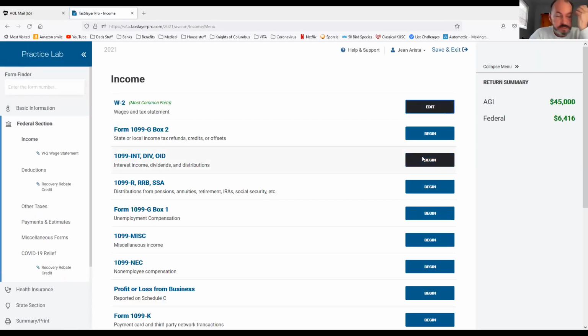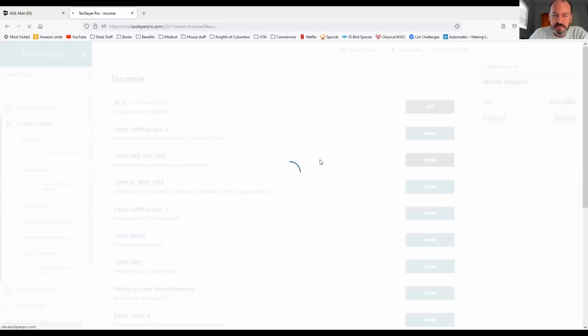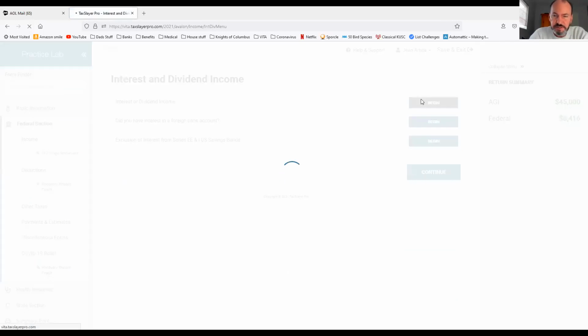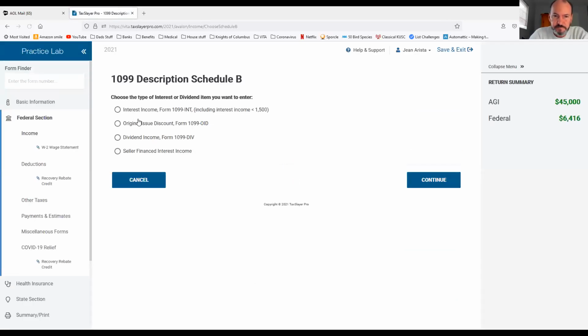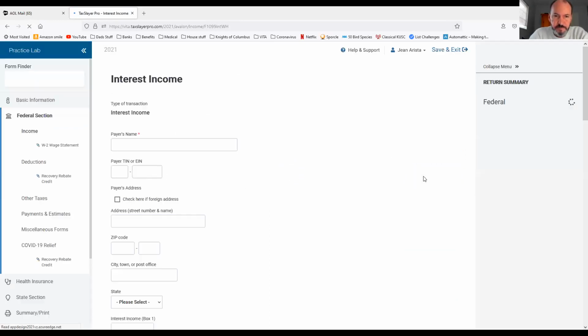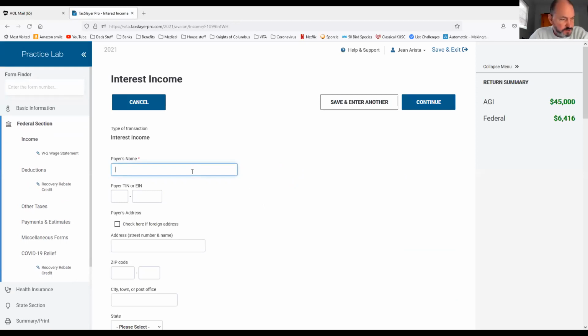And then let's see here. We've got some interest income, so we are going to go to the 1099-INT. And then Sean's going to indicate interest. And then here you go. Typically what will happen, Chase Bank, is the individual will have a 1099-INT. And if they don't, then you're going to ask them how much interest did you receive from your bank.